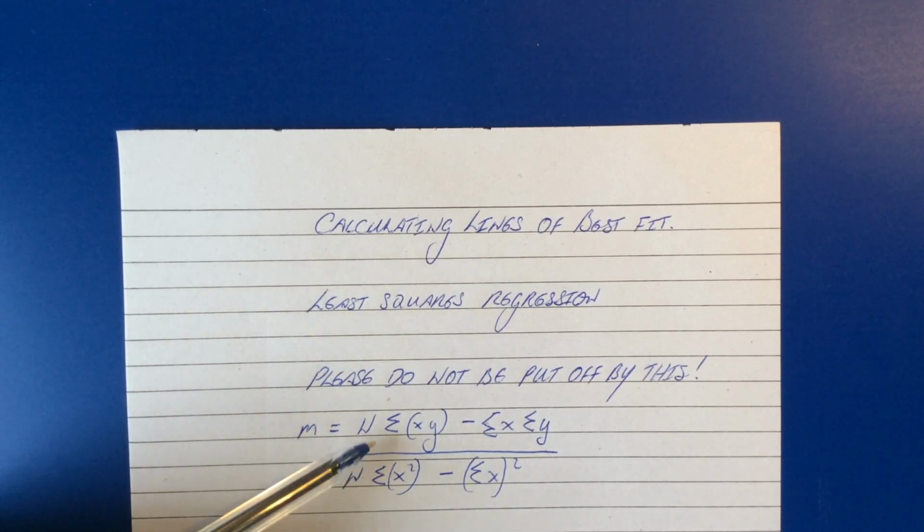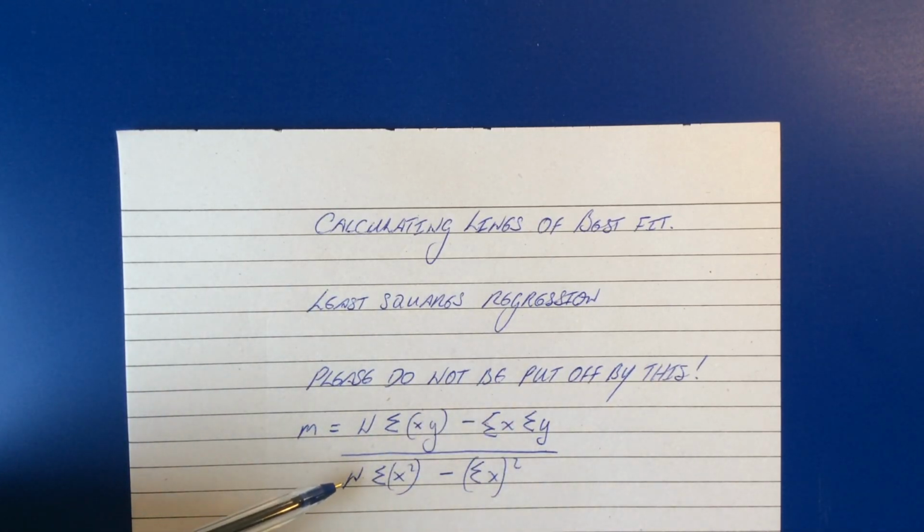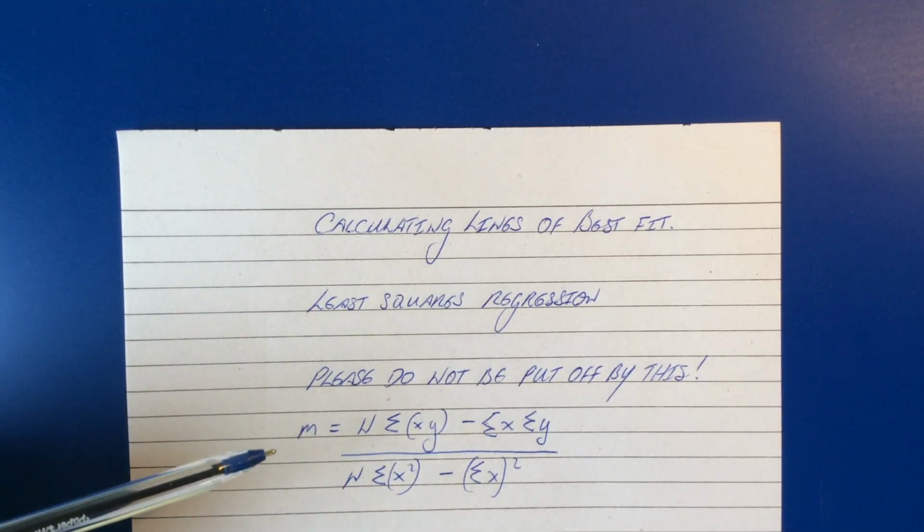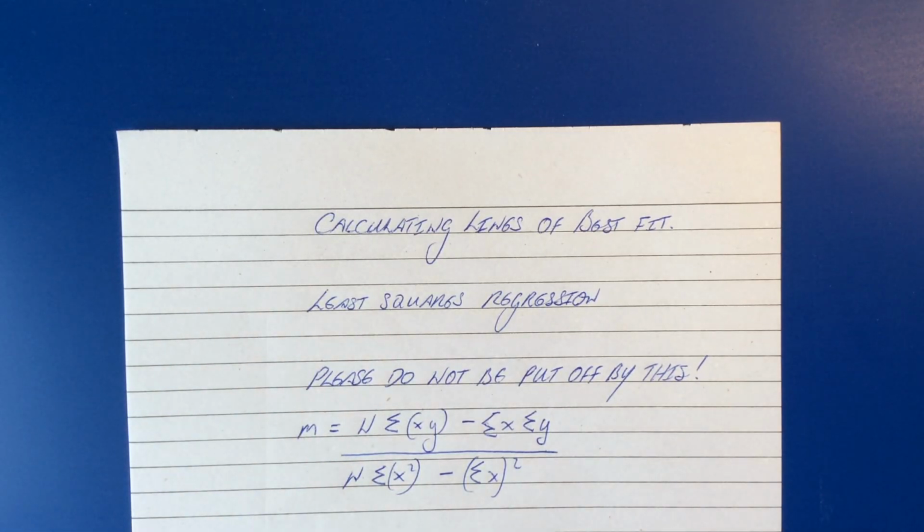Basically, this horrible looking thing here is a fairly fancy gradient calculation using all the data that's available in both the X and Y columns as you enter it in your calculator. That's really all I want to say. It's a glorified form of y2 minus y1 over x2 minus x1. It's just a gradient calculation.